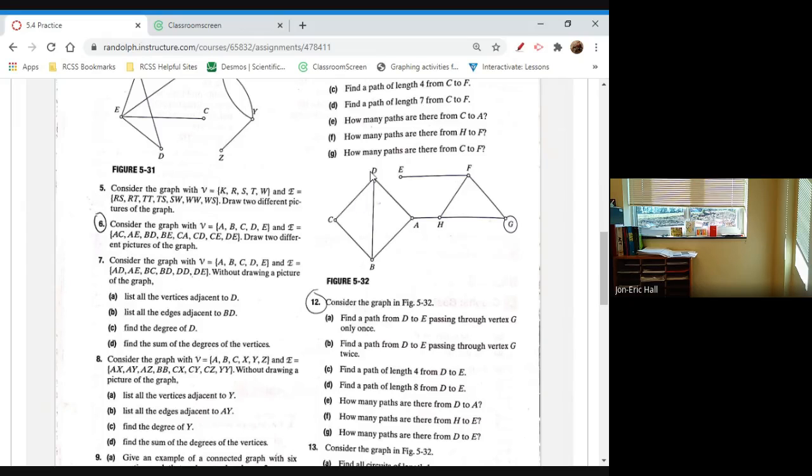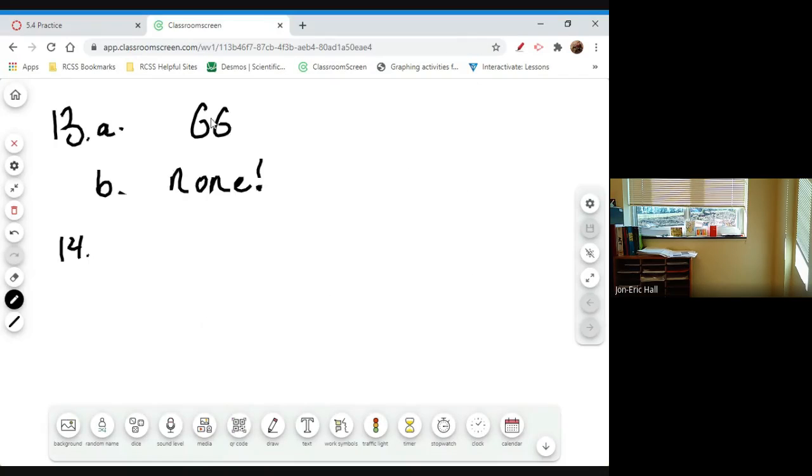Yeah, you could list DCB, but I need to know that I go back up. So you'd need to say DCBD. Would you want us to list it again as CBDC? It says find all. So yes.